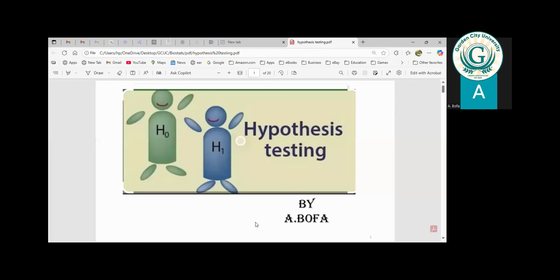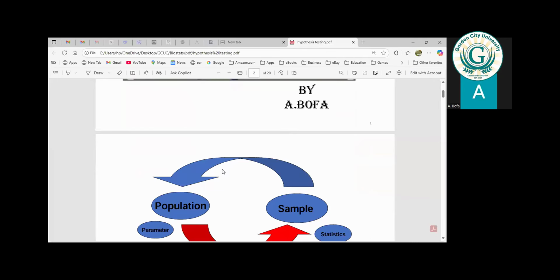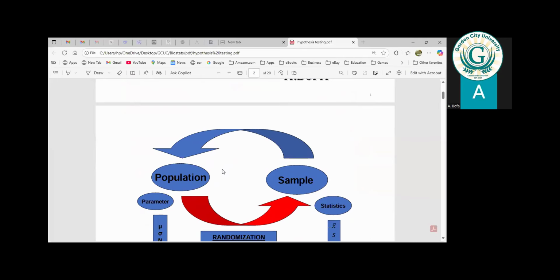So today what we are going to do is hypothesis testing. We are going to talk about the null hypothesis and then the alternative hypothesis. From previous studies, we learned that based on the population, we are able to draw a sample.